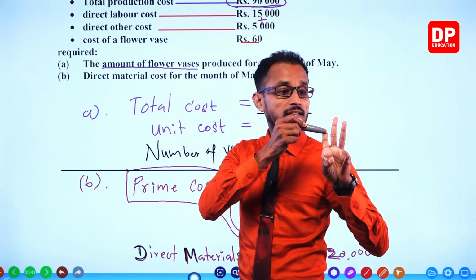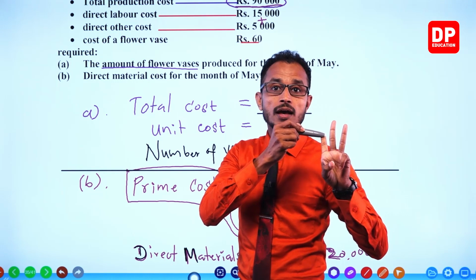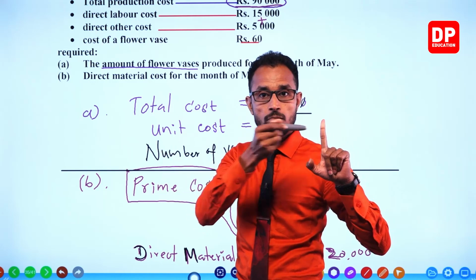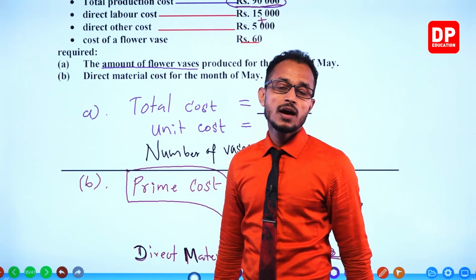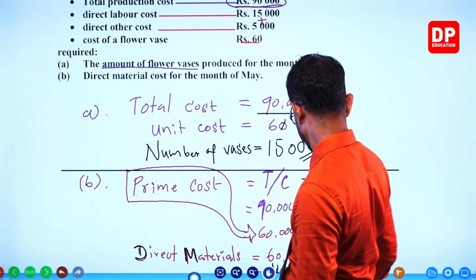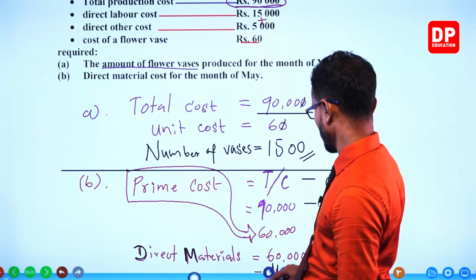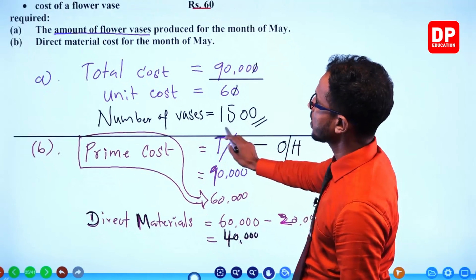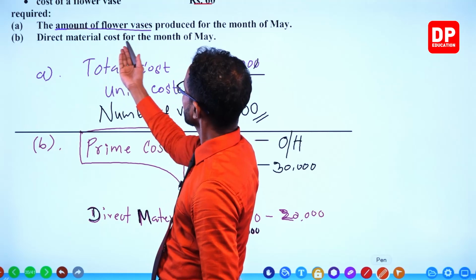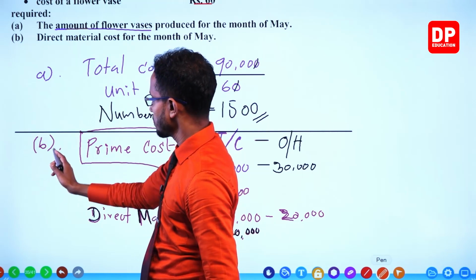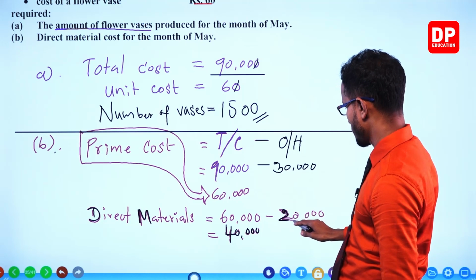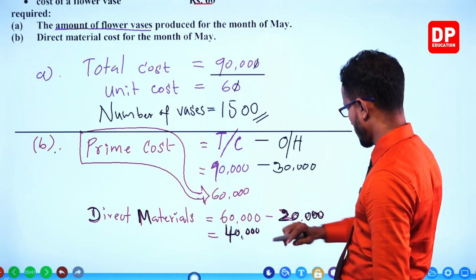But here you have direct labor and direct other. Subtract those two from prime cost. You are left with direct materials. That is what we did right here to find direct material cost for the month, part B. Done.